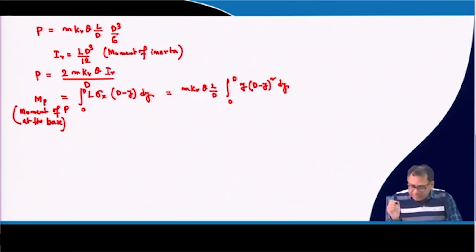Now after integrating this term, putting the limit and simplifying, we will get M P equal to m k v theta into I r.